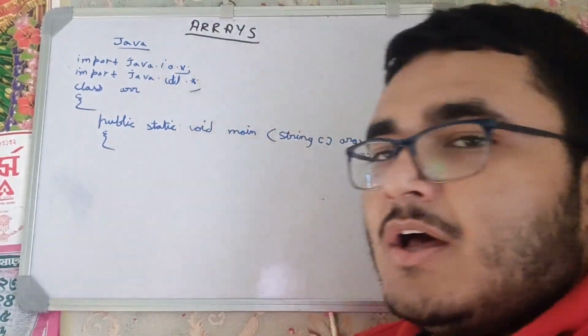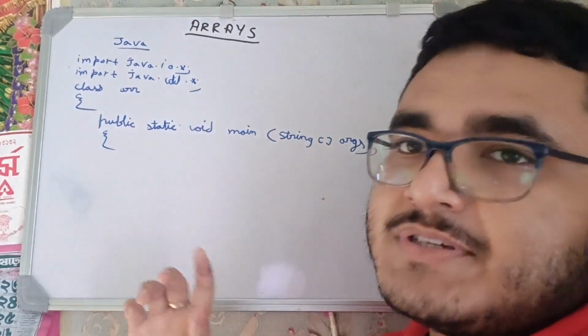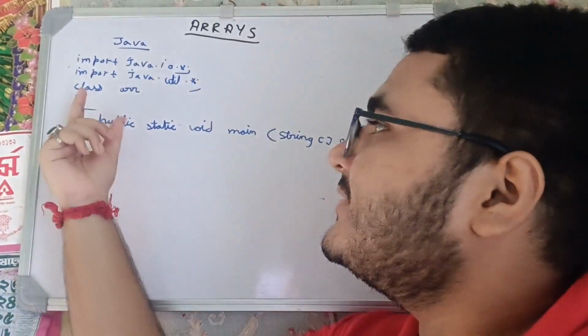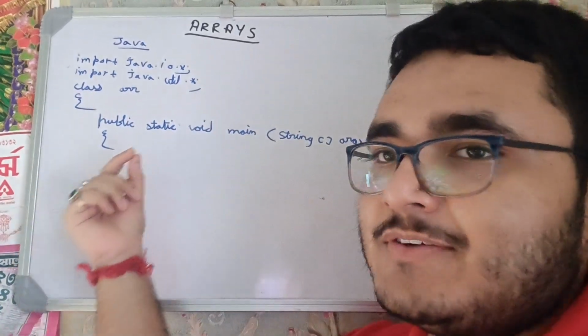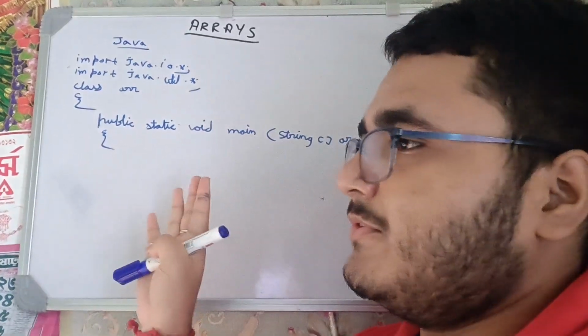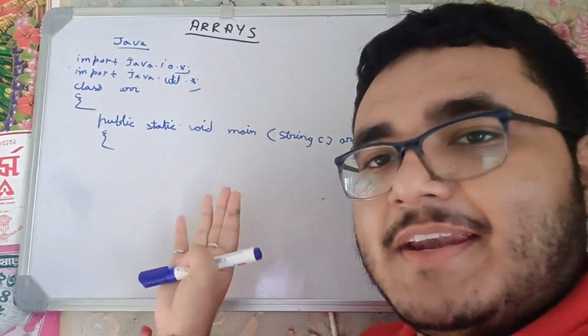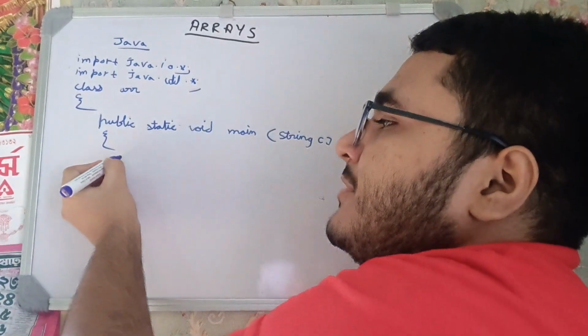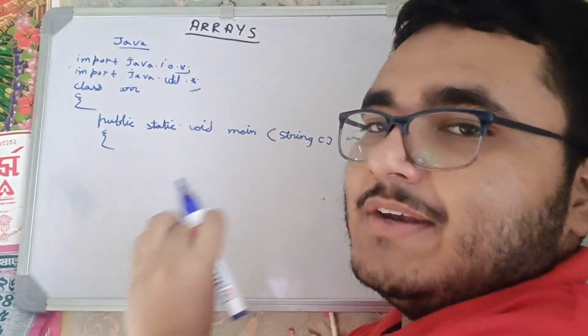Now our program starts. Okay, from here we can start our program. These are the basic things we need to do. We need to wrap everything inside a class. Now we need an array. So first what can we do?